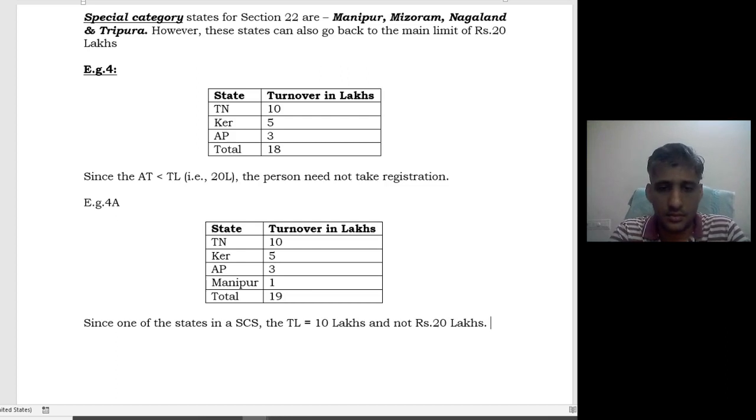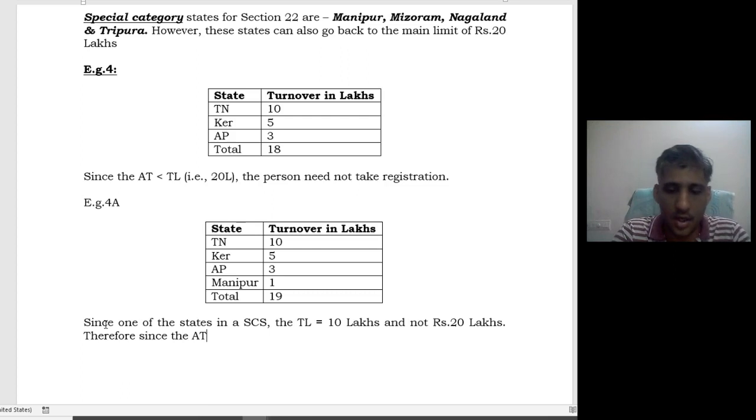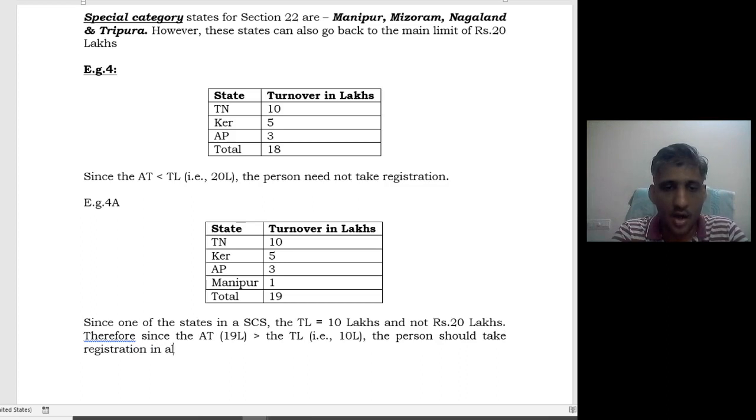Therefore, since the aggregate turnover, that is 19 lakhs, is greater than the threshold limit, that is 10 lakhs, the person should take registration in all the states, that is in Tamil Nadu, Kerala, AP, and Manipur.